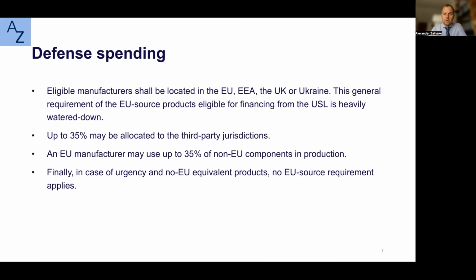So we talk about 30 billion in total, and allocated for defense spending about 20 billion for third-party jurisdictions. And in case of urgency, meaning that the European producers cannot produce the relevant equipment, no restrictions apply.